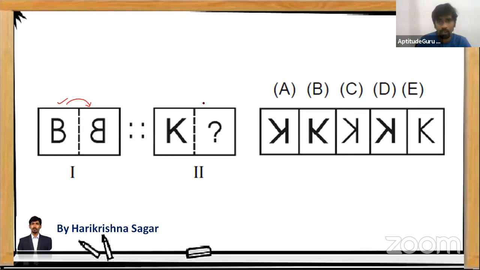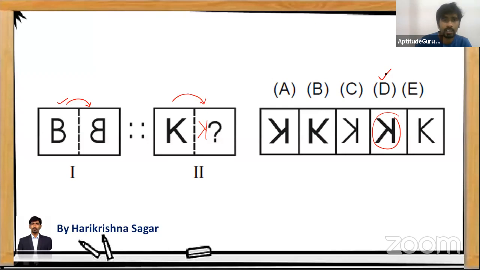K is available here. What is the mirror image of K? To find the mirror image of K, the vertical line will remain as it is, the leftmost part will become rightmost and the rightmost will become leftmost, and K will look like this, which is the exact option similar to that. That is option D.